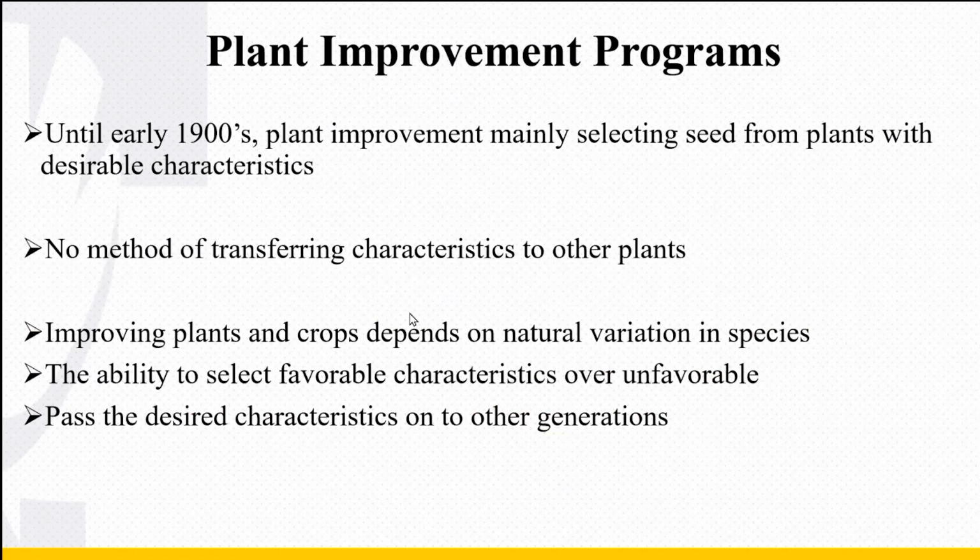So with the ability to select favorable characteristics over unfavorable ones, we were able to take desired traits from one crop or one species and introduce them into another species and get the best of both worlds. And you may have heard me say this as hybrid vigor.